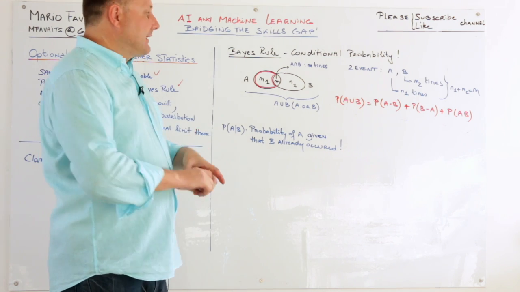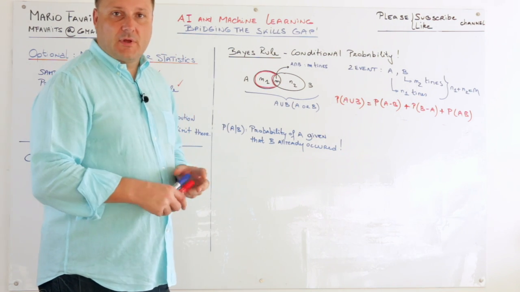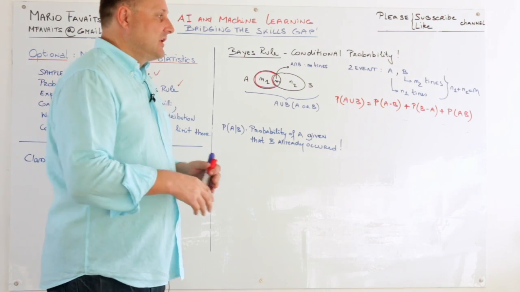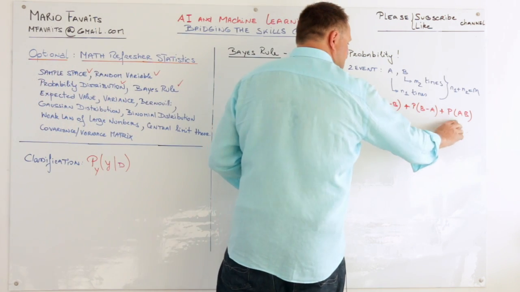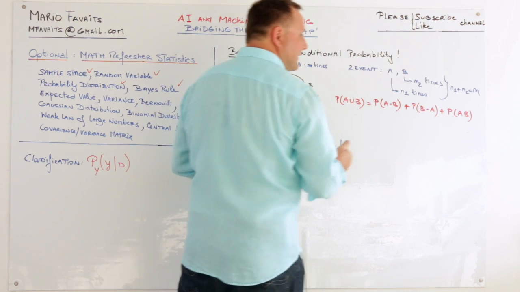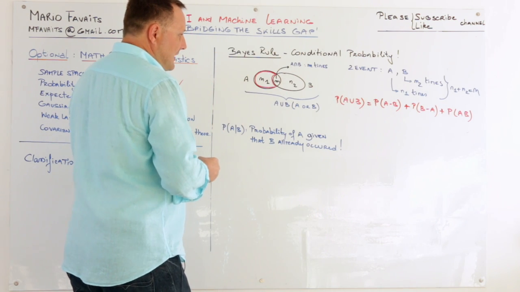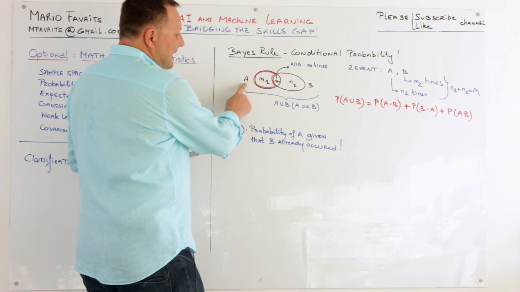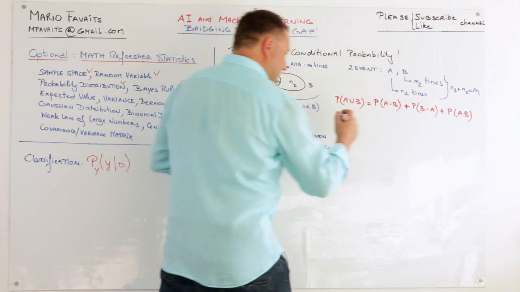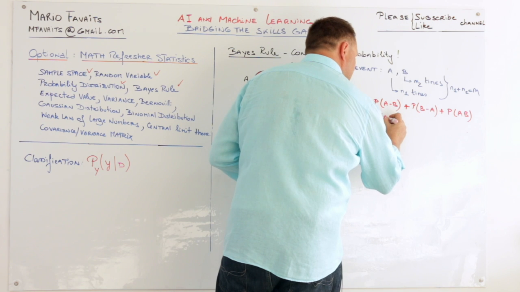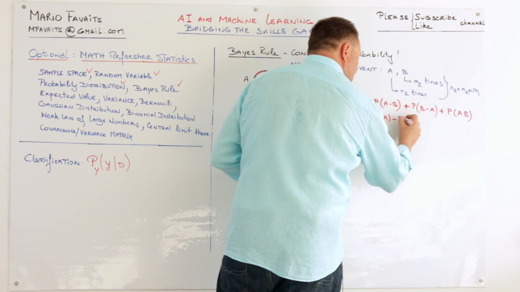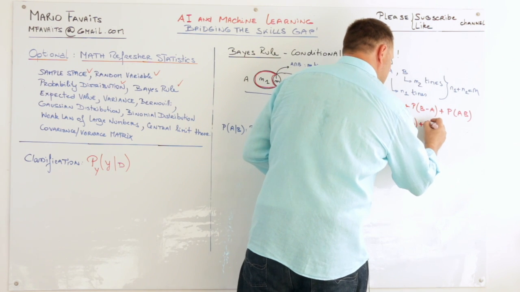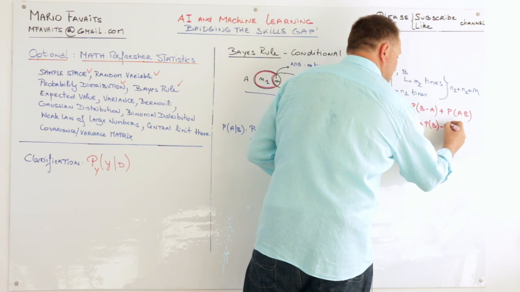We will later see that events that occur together, we can multiply them under certain conditions. Just don't worry about it at this point. We just call it AB happening together. Now this piece here is the same as A minus this common part. So it equals the chance that A happens minus the common part, and that's P(AB). Here it is the same: the chance that B happens minus the common part.